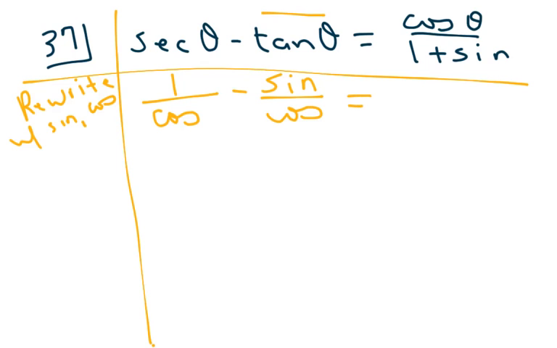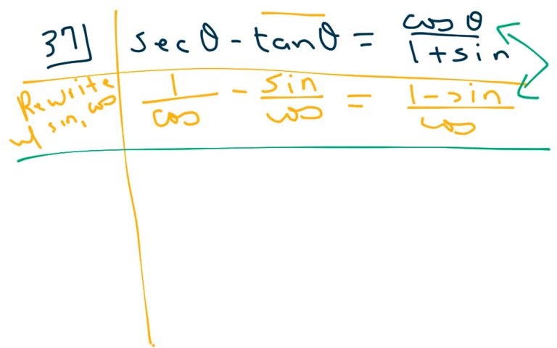Now if I rewrite this with the same denominator, I get 1 minus sine over cosine. Now if you recall, when you did your number 12, these two can be shown equivalent if we multiply by the conjugate. You can't just say these are equal. You have to show me that these are equal. So I'm going to put the conjugate here.